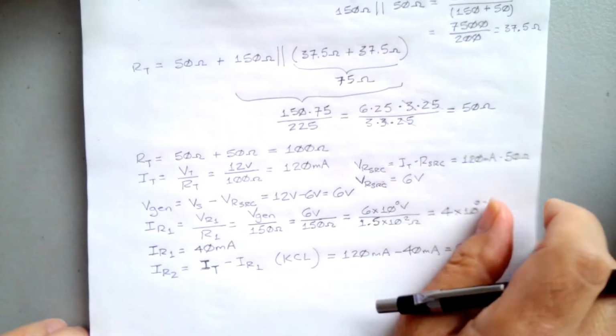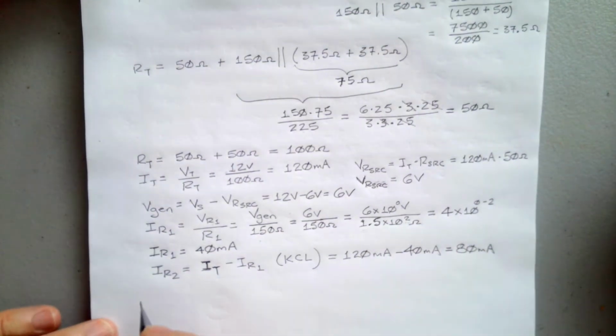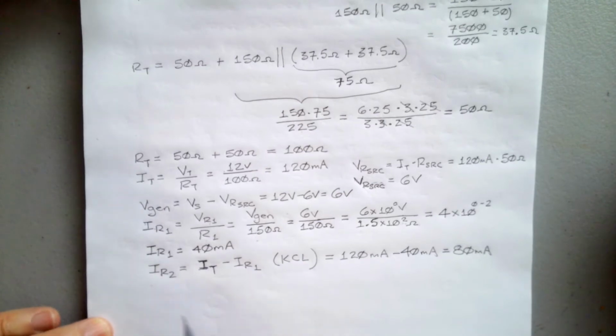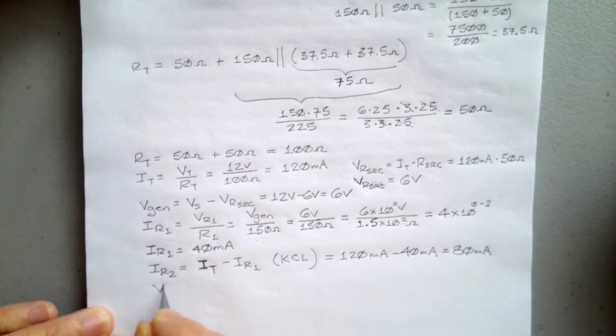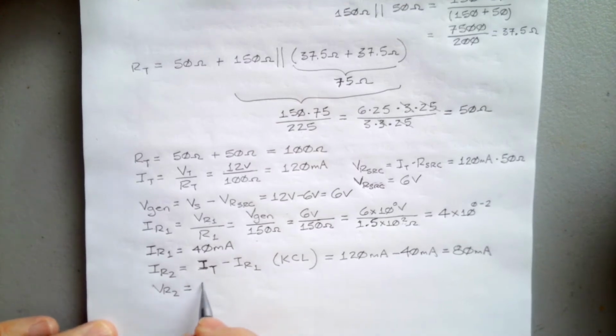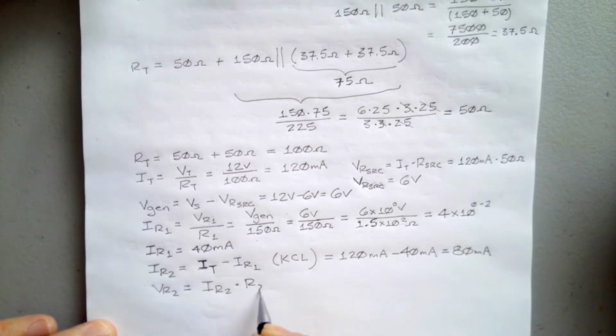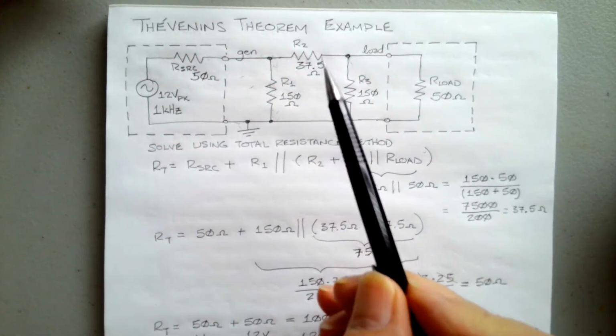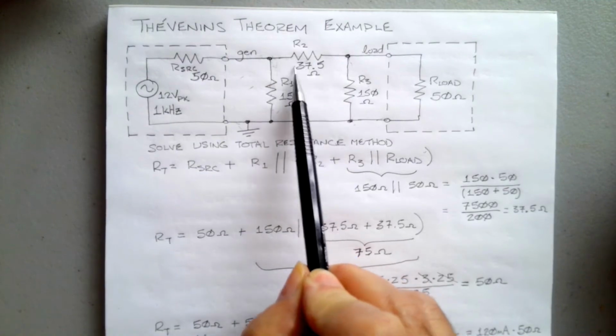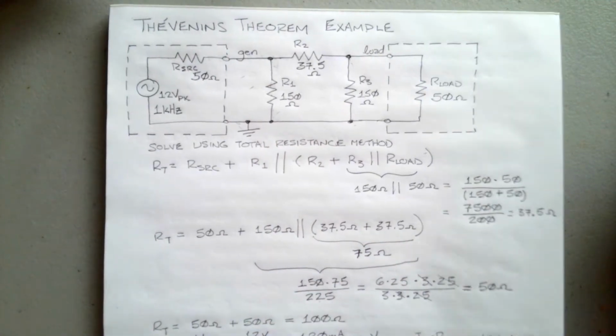And so if we want to compute our load voltage, what we can do is say that VR2 is equal to IR2 times R2. And that's going to be equal to the 80 milliamps we computed times 37.5 ohms.